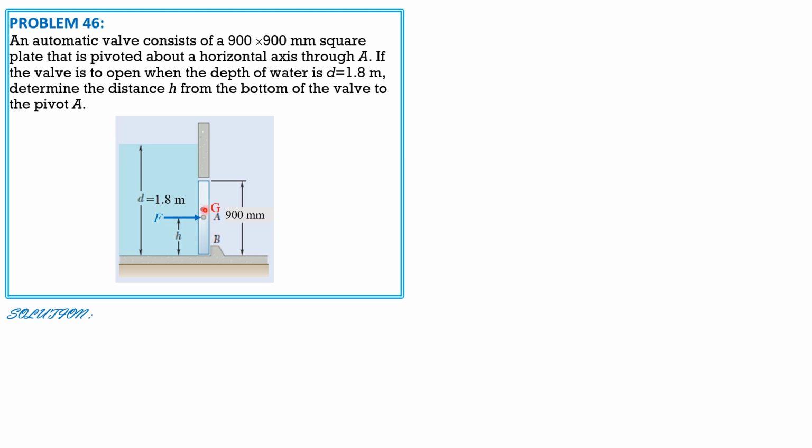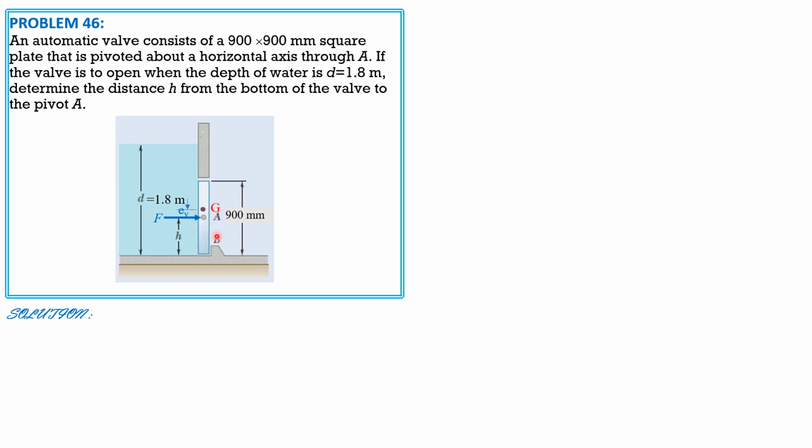So the distance between G and A is denoted by e sub v. If we set up the equation for h, the distance of G from the bottom is half the height of the gate, 0.45, because the gate is 0.9 square.